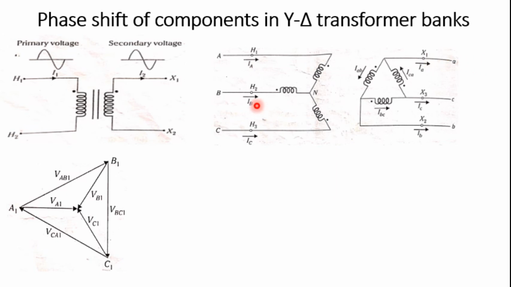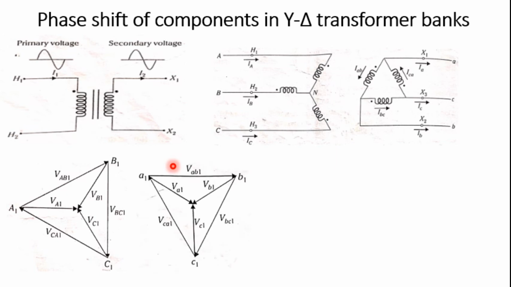Similarly H2 should lead X2 by 30 degrees, and similarly for H3. So let us see how we can draw the positive and negative sequence voltages with respect to the primary and the secondary side, or the high voltage side with the low voltage side. If you look at it, this is how it is drawn.